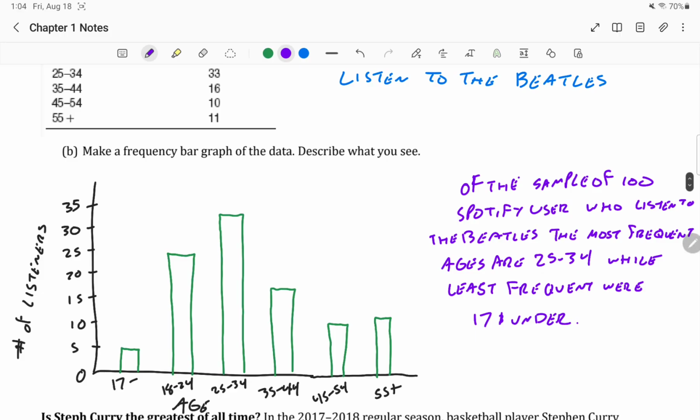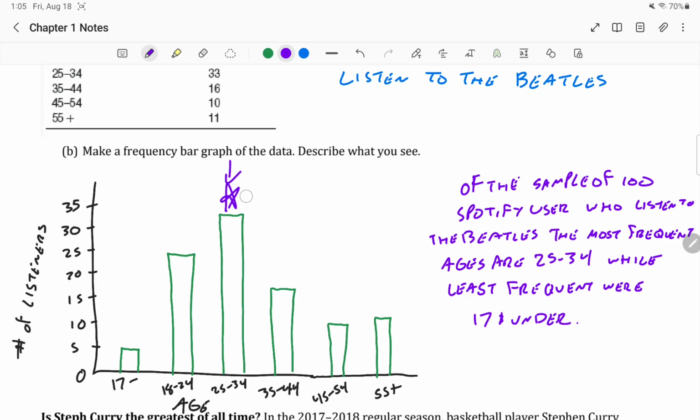But it's interesting that the biggest group is actually the 25 to 34-year-old group, and not the older group, because the Beatles were popular when these people were young, right? And music was blowing up, potentially even these people.